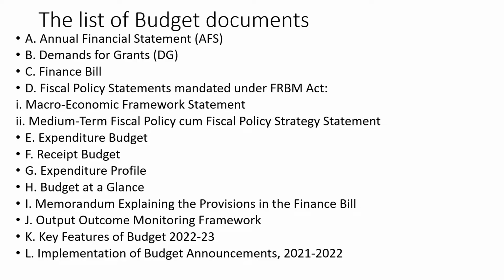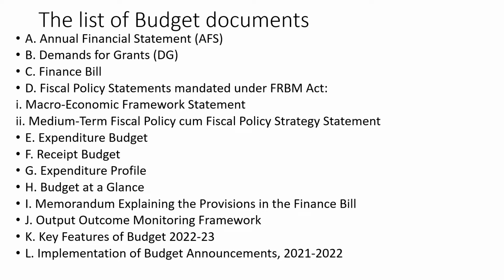Here we can see the list of budget documents. The budget document would be a summation of all these things. There would be the annual financial statement, then demand for grants, discussions on the finance bill, and fiscal policy statements, which pertain to the macroeconomic framework statement, medium-term fiscal policy and fiscal policy strategy statement.